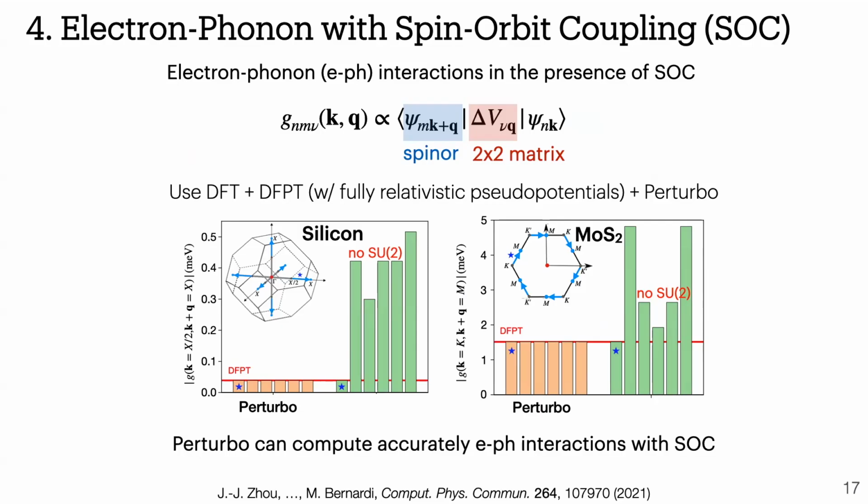So now the wave function becomes a two-spinor, and the perturbation potential becomes a 2x2 matrix.